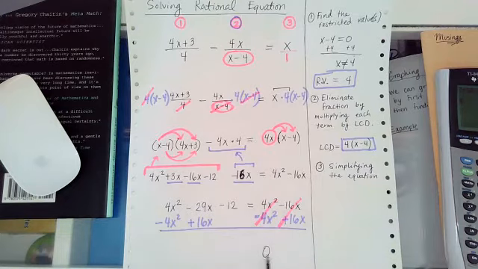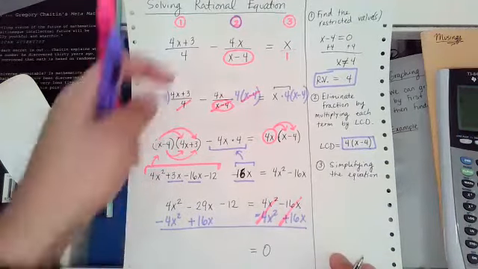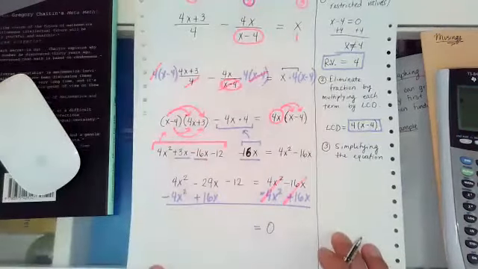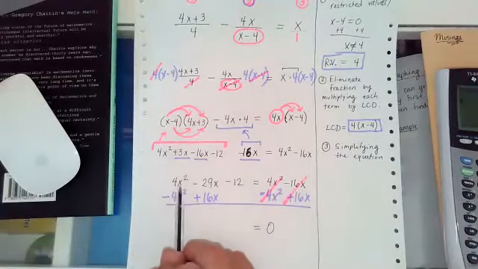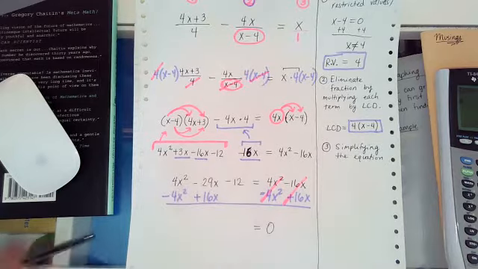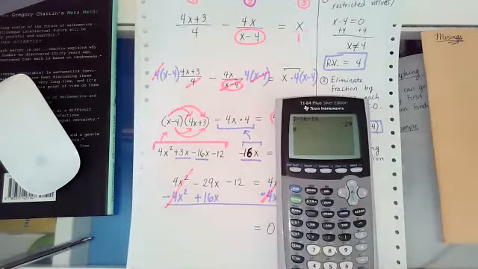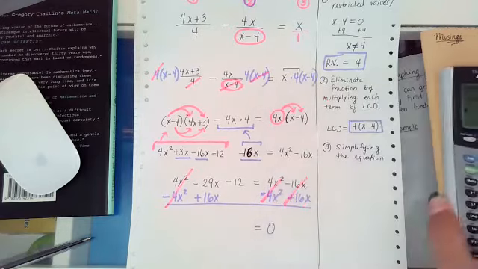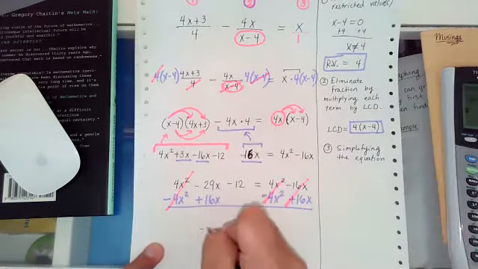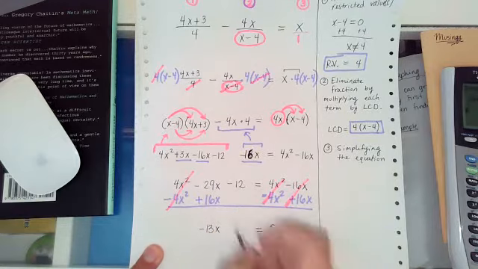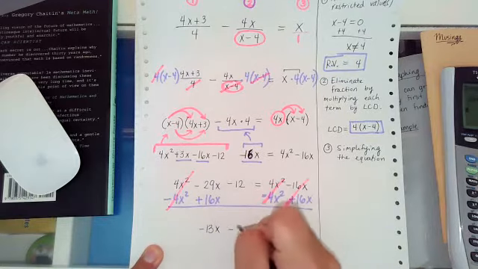Negative 16 plus 16 is also 0. So 0 plus 0 is 0. Then 4x squared minus 4x squared also cancels out. So that's a 0. Negative 29 plus 16 gives us negative 13x. And then we can just bring the negative 12 down.